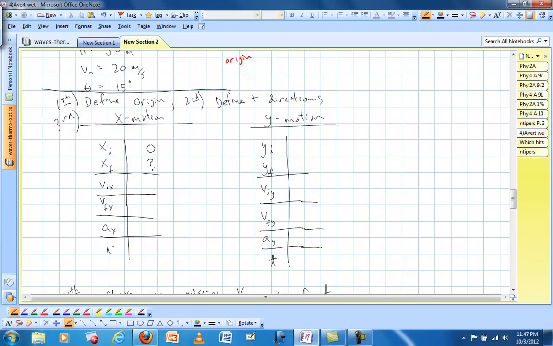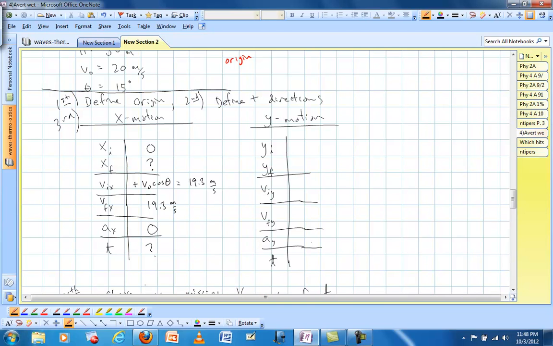The initial velocity in the x direction, it is going in the positive x direction, and it's going to be v0 cosine theta, which is 19.3 meters per second. The final velocity and the initial velocity are the same, as is the velocity at any point in between, because the acceleration is 0 in the x direction. And time we do not know.